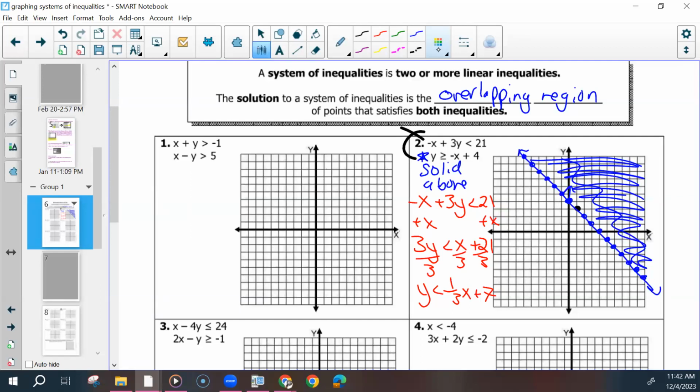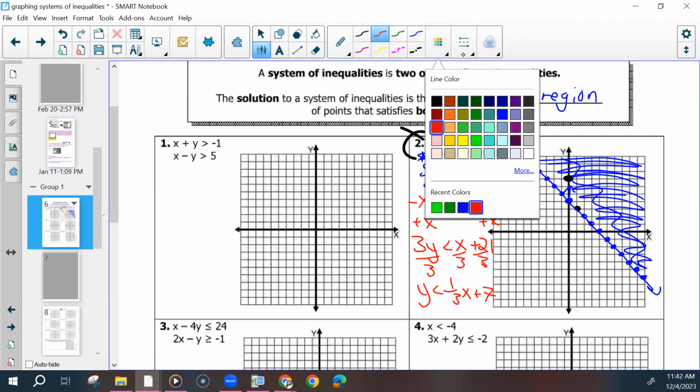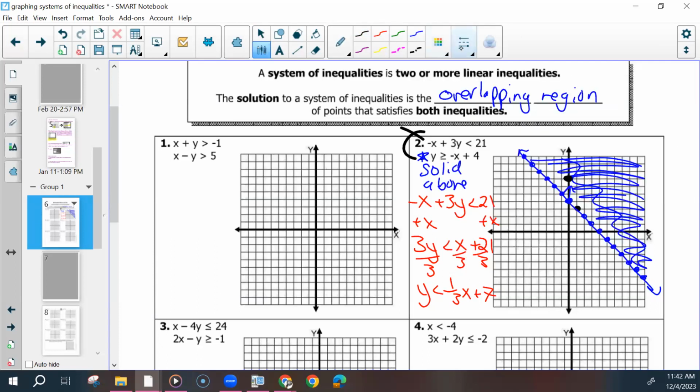Graph that. Start at positive 7. Your slope is a positive 1/3, so go up 1 to the right 3 as many times as possible. Down 1, left 3 as many times as possible.